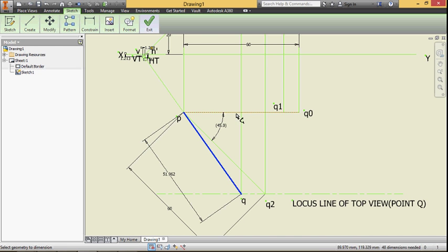The top view makes an angle called beta, and the value of beta is 54.7 degree. So this is the final answer.